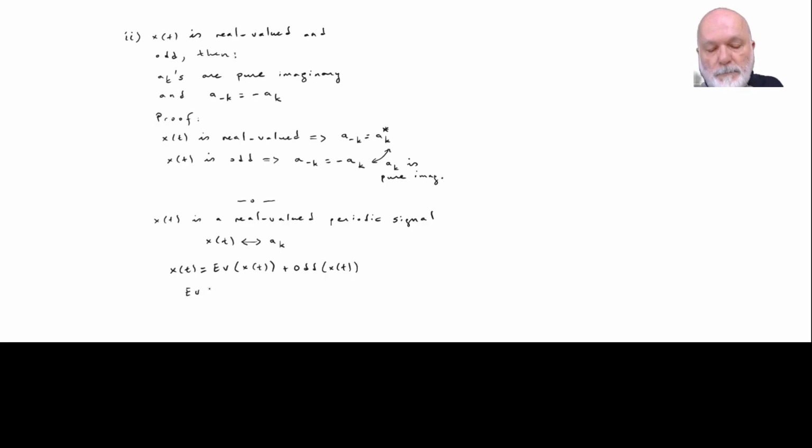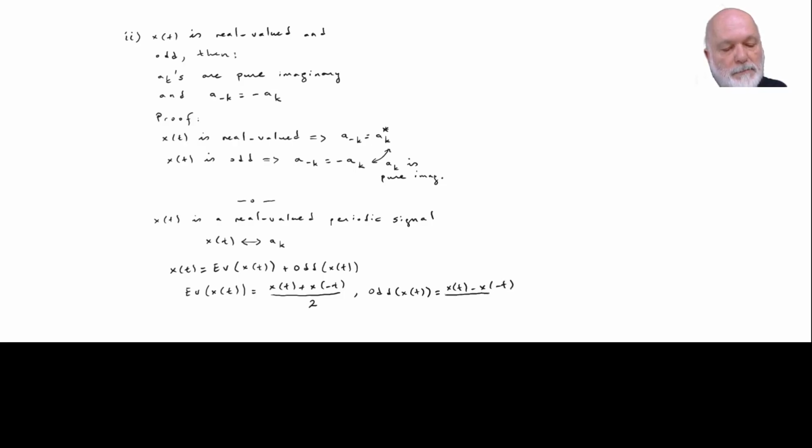Even part of x of t is equal to x of t plus x of minus t divided by 2, and odd part of x of t is x of t minus x of minus t divided by 2. Now, x of t is periodic, therefore its even part and odd part are also periodic.